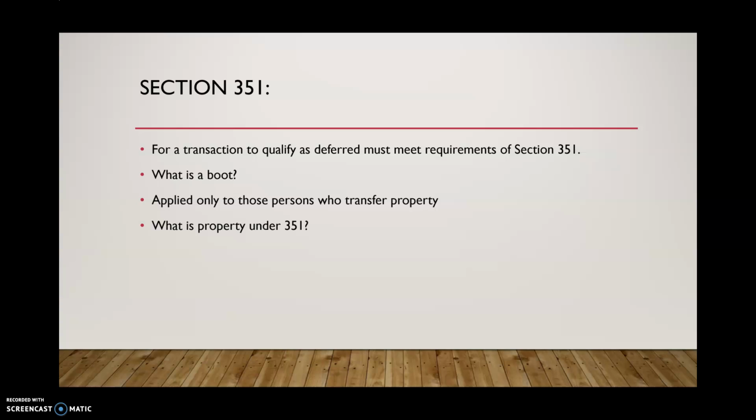And to be eligible under 351, certain requirements do need to be met. Unfortunately, it's not as precise as we would like it to be in either the code or regulations. So for now, the parameters of section 351 have developed over time as the IRS and courts have interpreted the law. When requirements are met under a 351 transaction, it is mandatory to defer a gain or a loss.